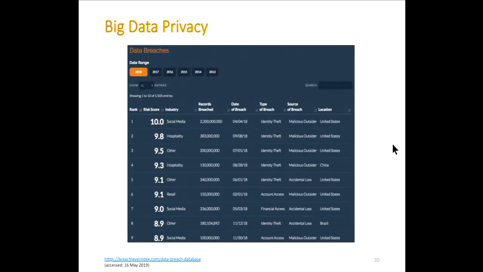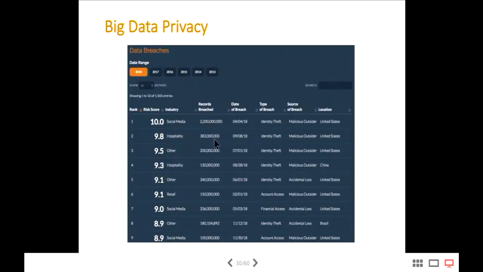So here is an example of the data breaches that happened till May 2019. You can see here on the records breached, for social media, the number of records breached is 2 billion and 200 million records on one incident.